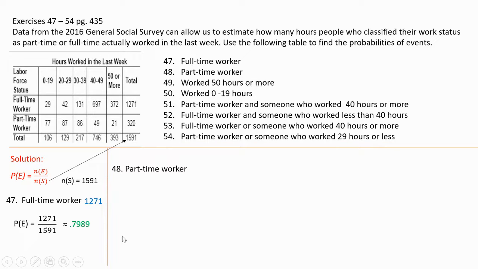Now this is number 48. It's a part-time worker. So how many are part-time workers? Part-time workers is right here, so 320. So the probability of a part-time worker is going to be 320 over 1591, which will be approximately 0.2011.